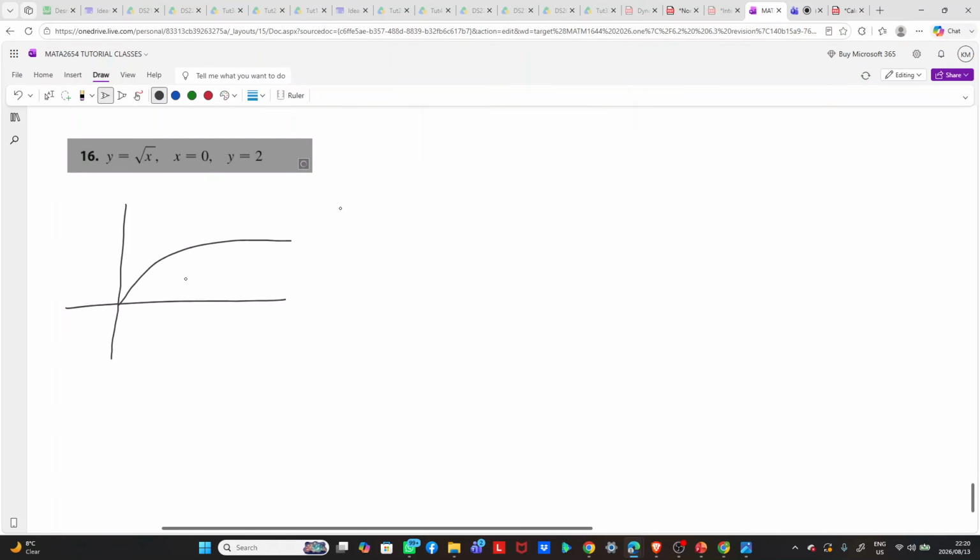Sketch the function. The line x equals 0 is here, and the line y equals 2, say it's somewhere there. So the region that is enclosed is this one. And we are rotating about the x-axis.